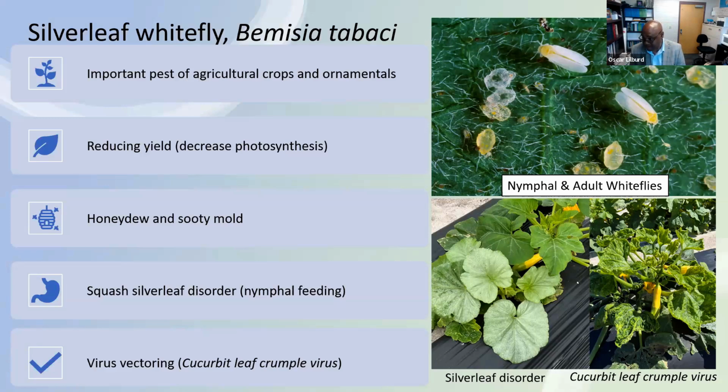Things like cucurbits, the squash, watermelon, pumpkins, and so forth. They're very susceptible, at least here in the southeast, to silverleaf whitefly.